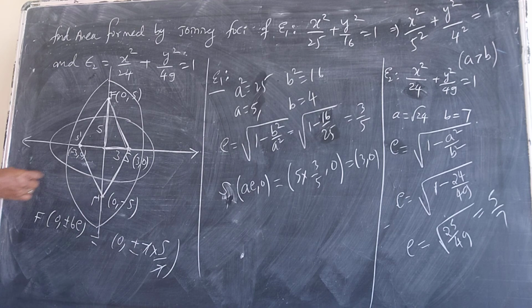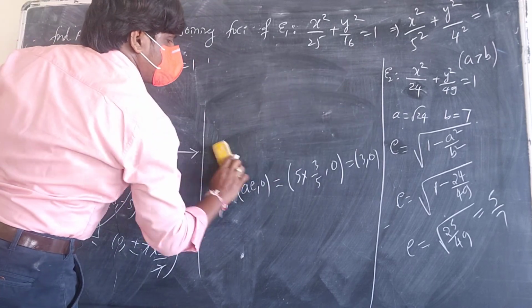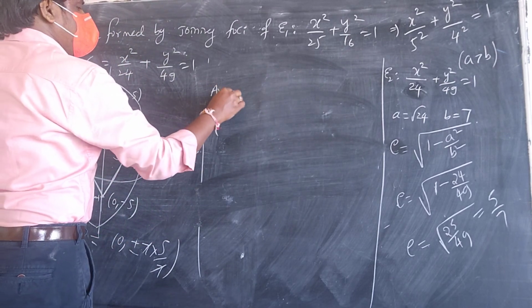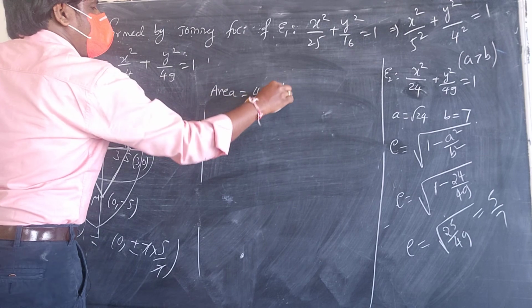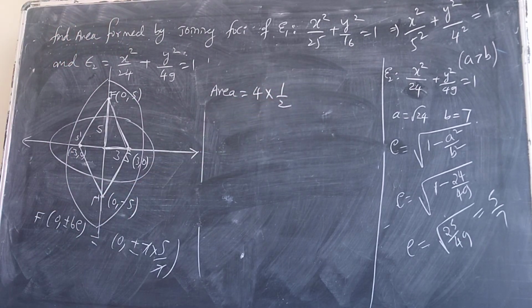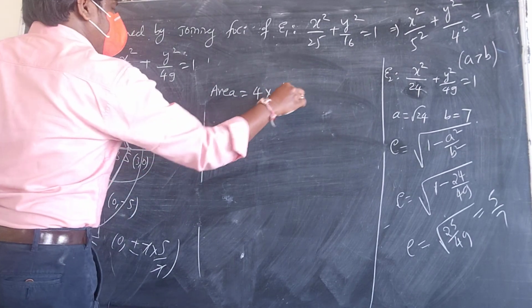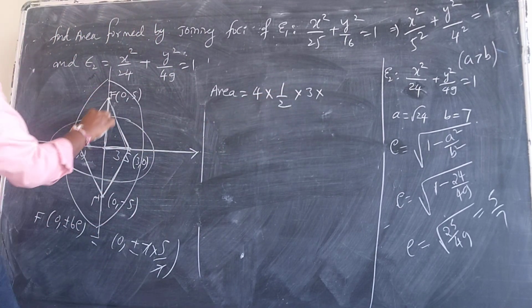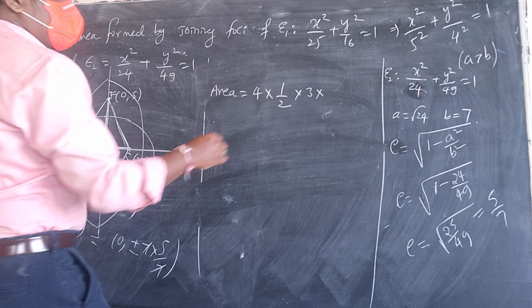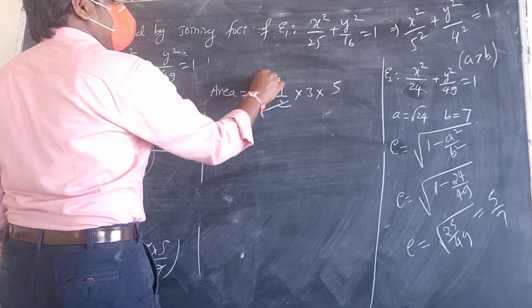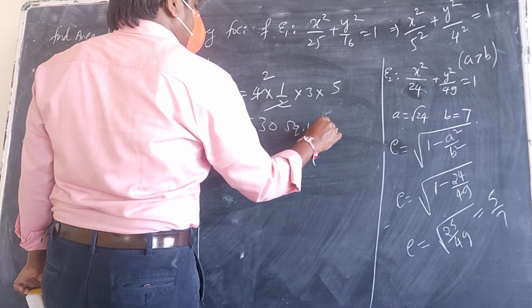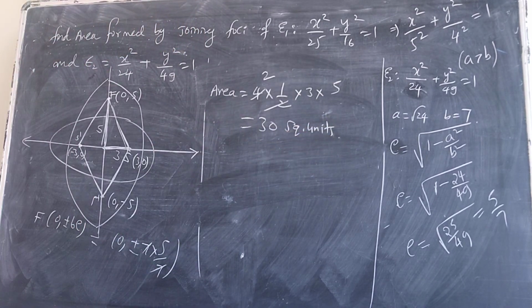So required area is equal to 4 times half into base into height. What is the base here? Base is 3. What is the height here? Height is 5. So the 2 and 2 get cancelled. 30 square units is the answer. So the answer is 30 square units. Understood?